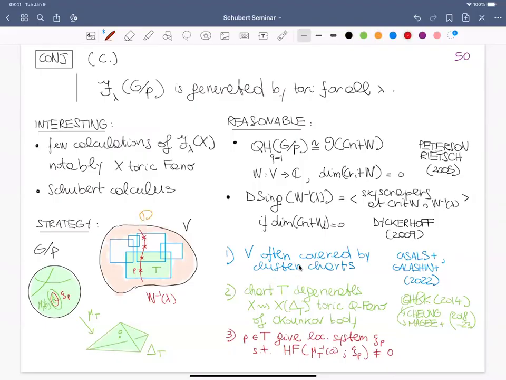And unfortunately, the critical points of this potential can't be ruled out from falling inside this locus. So when that happens, there's no clear geometric construction of a corresponding object in G mod P, and there is no clear evidence that the Fukaya category in that case will be generated by at least this particular class of Lagrangian tori.